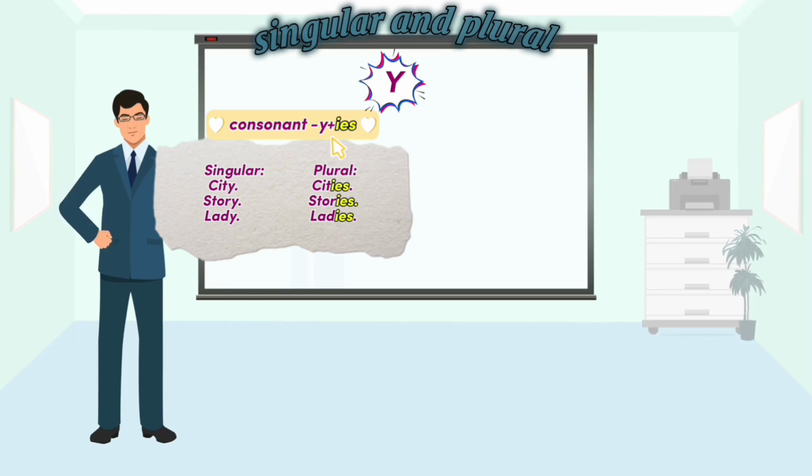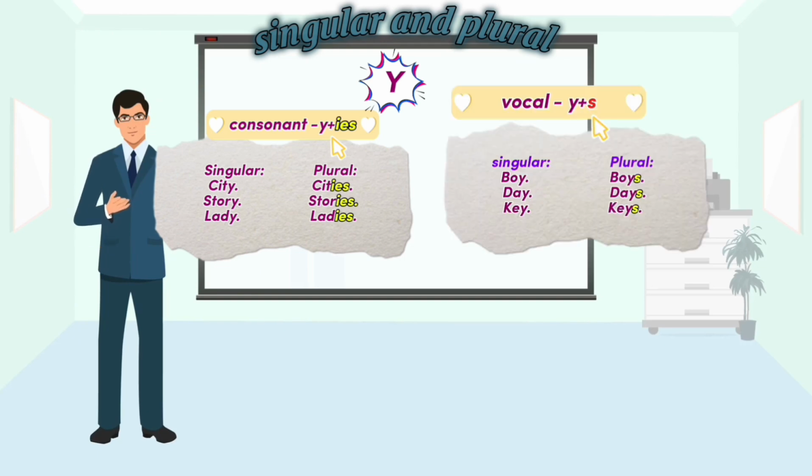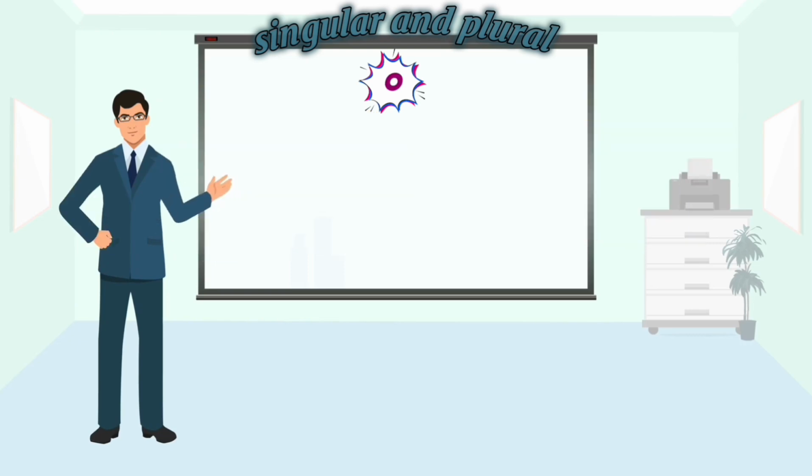For example, city, cities, story, stories, and lady, ladies. The second rule states that if the letter Y is preceded by a vowel A, I, U, E, O, you simply add S to form the plural. For example, boy, boys, day, days, key, keys.